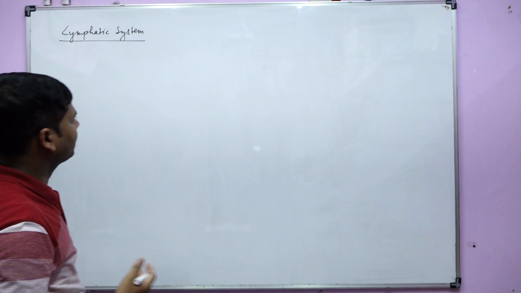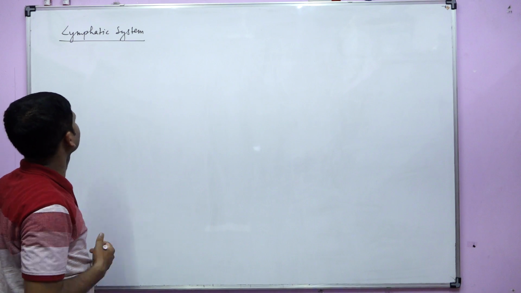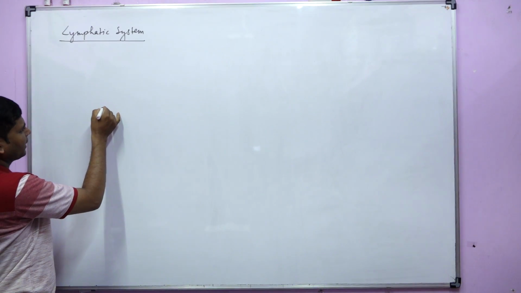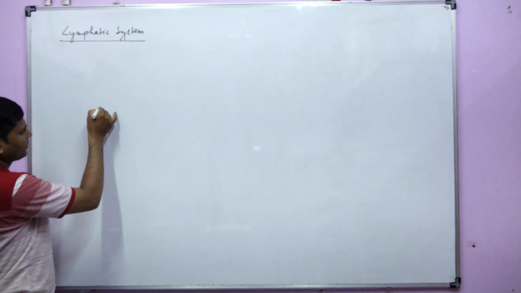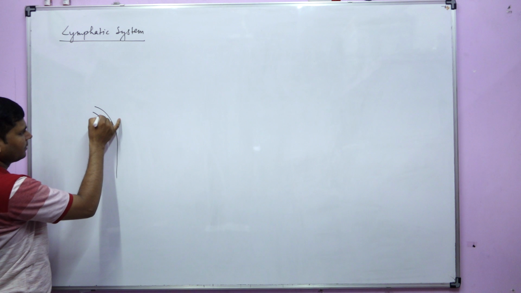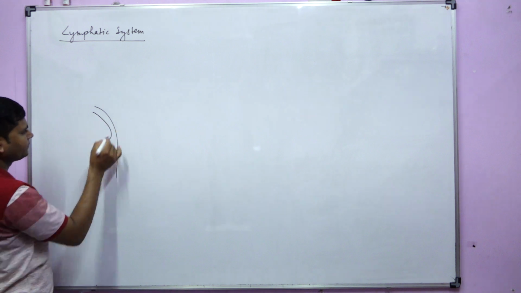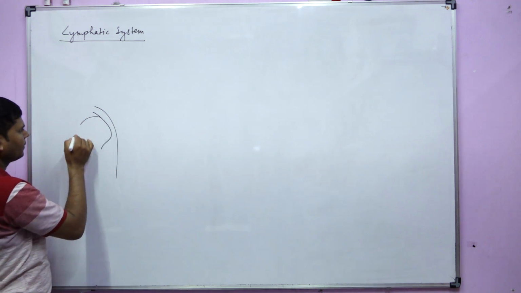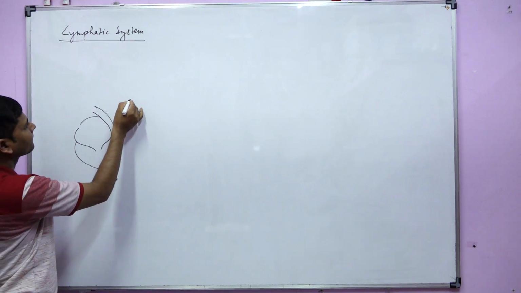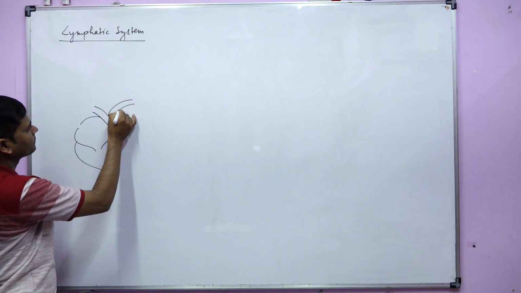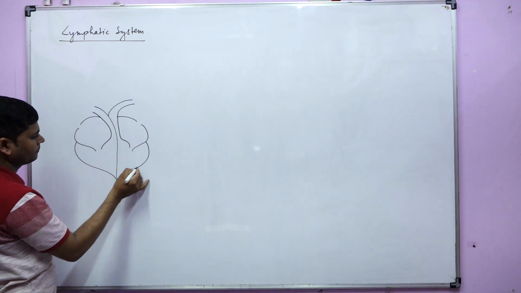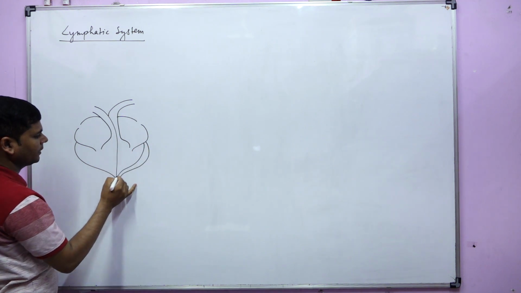So to make you clearly understand the lymphatic system, I would like to draw the diagram of our double circulatory system so that it becomes clear to us. This is the heart we have.